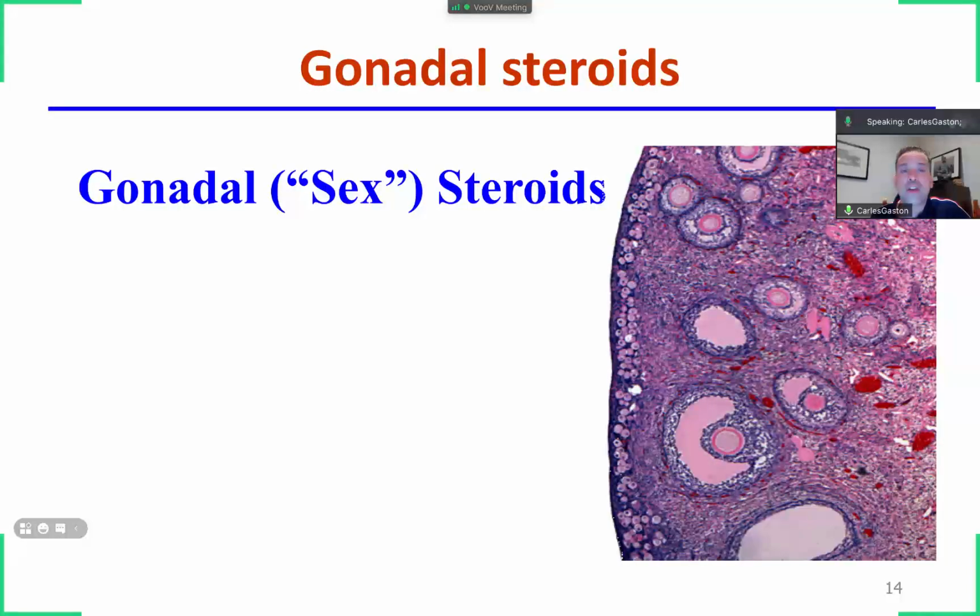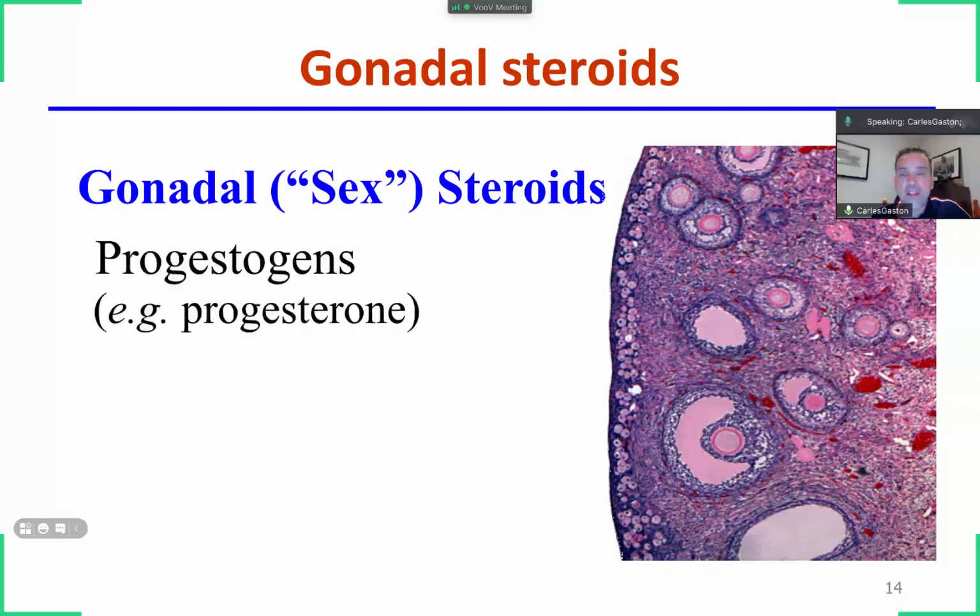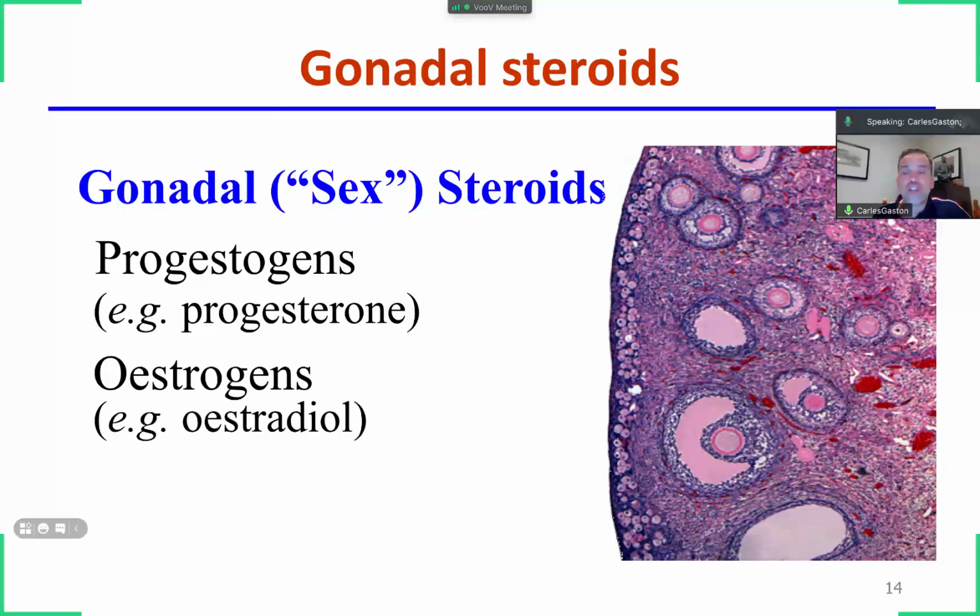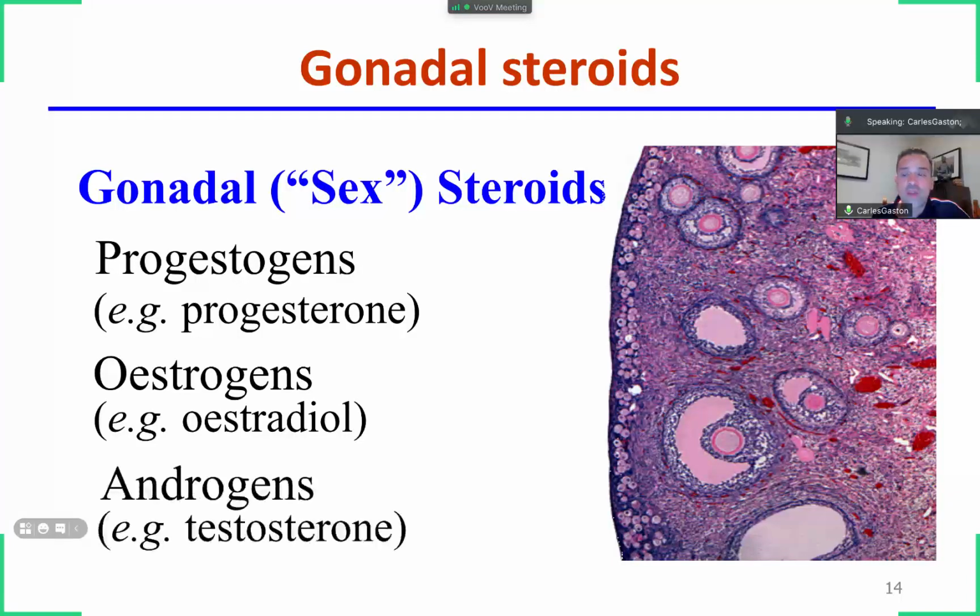Let's start with the gonadal steroids. The gonadal or sex steroids are progestogens, also called progesterone, estrogen, estradiol, and androgens, testosterone.